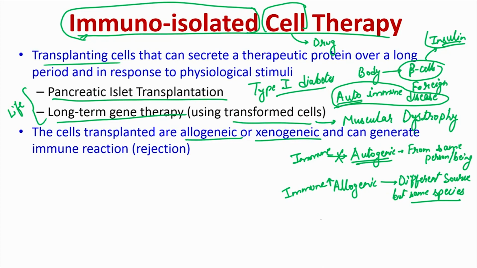And then finally, the other one is the xenogenic, and this is from a different species altogether. Sometimes it could even be a different genus. What that means is, let us say if I want an implant, maybe these cells are being taken from a pig. So, it is, let us say, pig to human, or this could be horse to human, whatever the source might be.